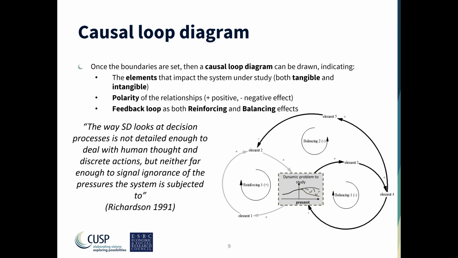An increase in one element defines an increase in another element, and the negative effect, which is normally indicated with a minus sign, is that an increase in one element generates a decrease in something else that is connected to it. As a result, thanks to the polarity and closed paths in the system, we can start looking for the feedback loops.